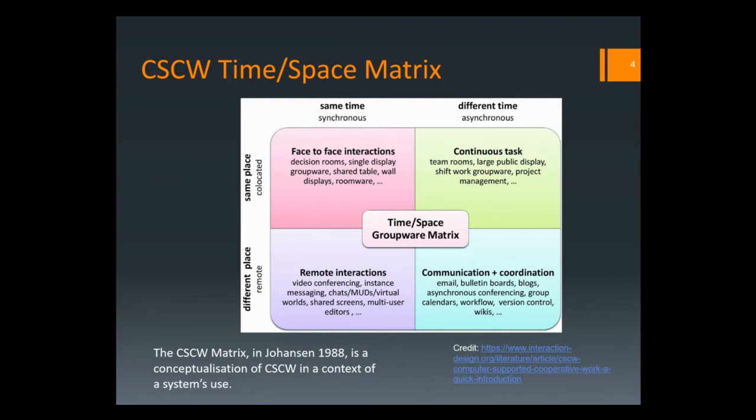You can simplify that: the horizontal is time and the vertical is space, so it becomes a time-space matrix. This generates a 2x2 matrix, starting from the pink one, the top left.